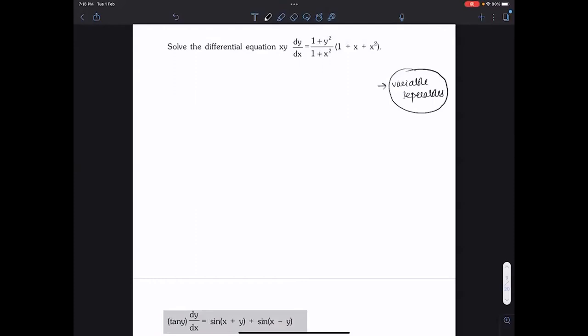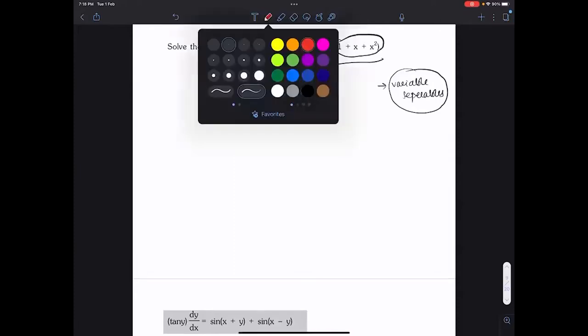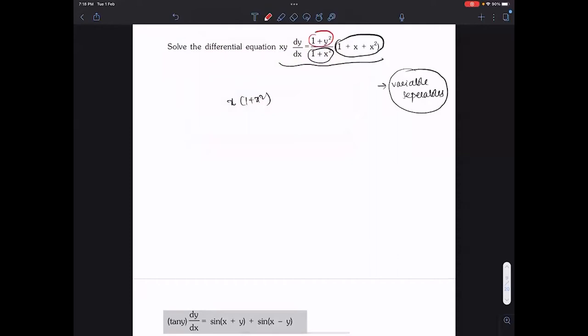Like for example here, all x terms one side I can bring, na? X into 1 plus x square. You bring this 1 plus x square left side. This also you bring left side. And remaining all the y terms you bring one side. Y square, dy, y, all this one side. And all the black colored ones one side.